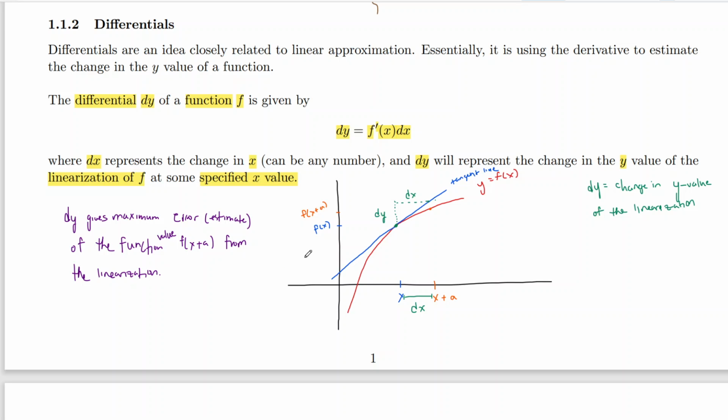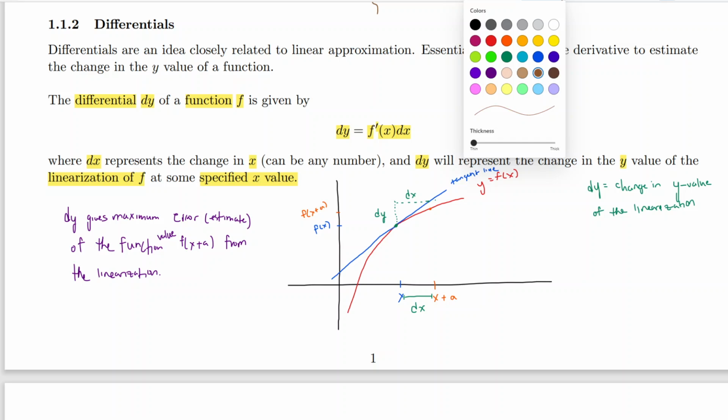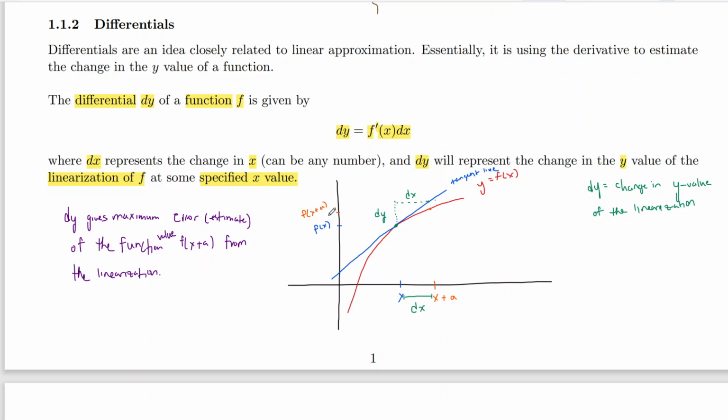All right, so let me go ahead and quantify what I mean by this error. So what I mean here is that if you look at, I'm going to draw this same kind of triangle, but for the actual function itself and not the tangent line. Even though this is dx, it's the same change in x. For some reason, when we're talking about the function itself and not the tangent line, people like to use delta x. Delta just means change in.